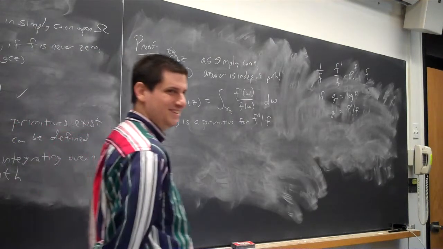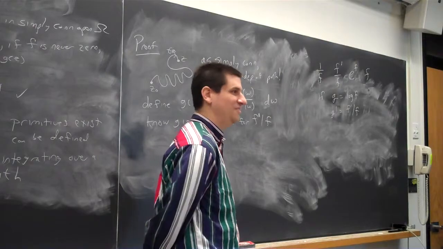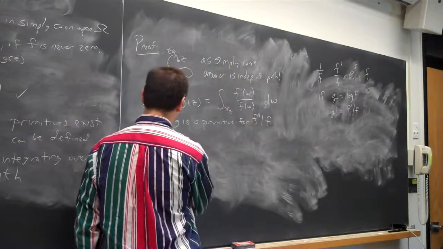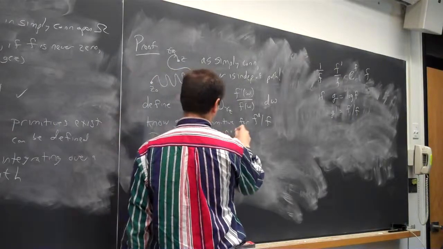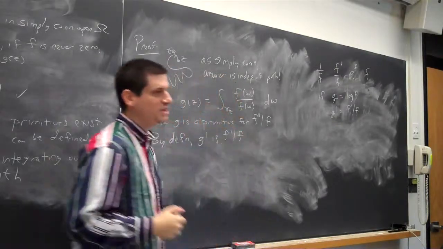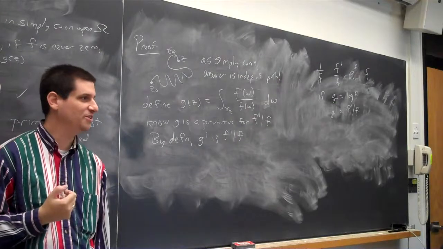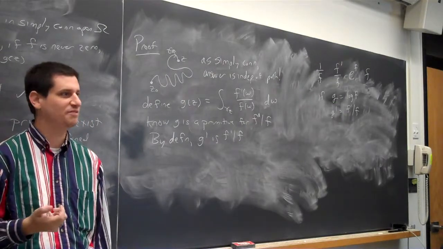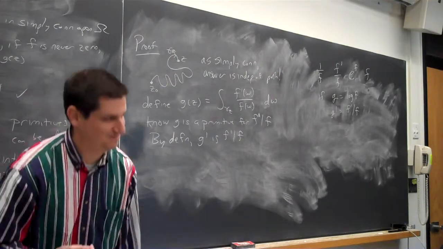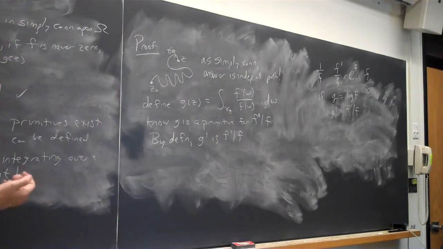By definition, g prime is f prime over f. I remember being stuck on a homework problem my first year at Yale, and it took hours before we finally realized the proof was by definition. By definition, g prime is f prime over f.